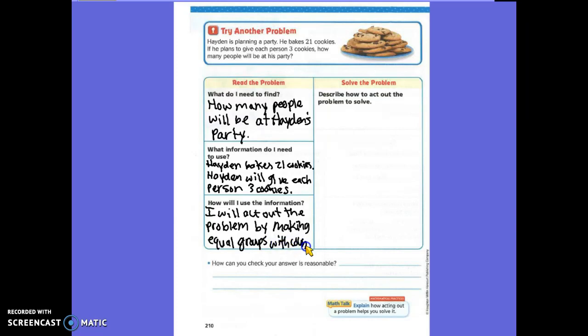If you don't know how to spell everything, this is on the previous page. I will act out the problem by making equal groups of counters.